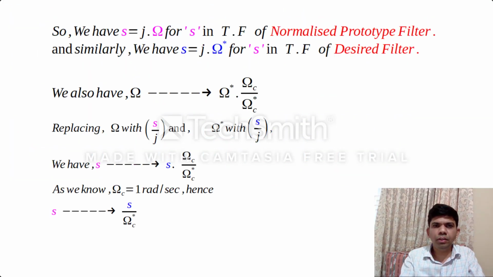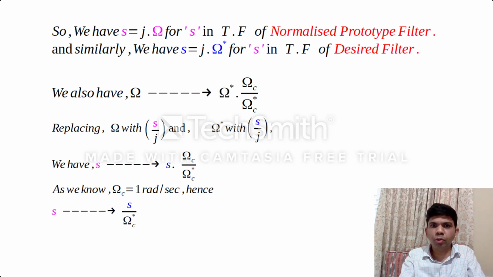So the relation we discussed, that is omega equal to omega star into omega c divided by omega c star, gives us the variation or mapping between the omega of the normalized prototype filter, which can be any frequency omega, and the omega star of the desired filter. So it maps between these two frequencies.